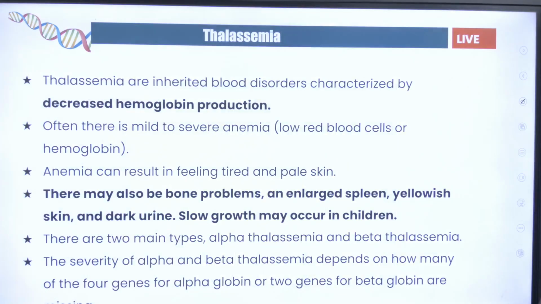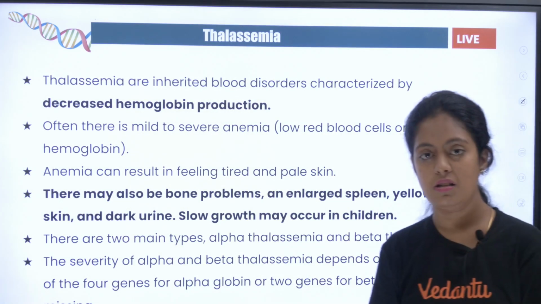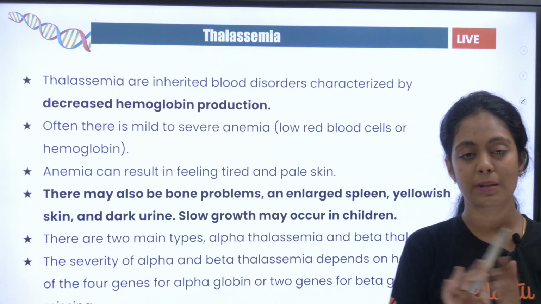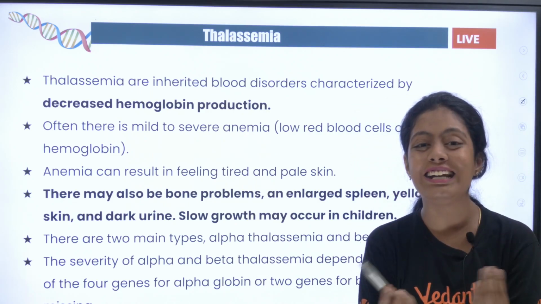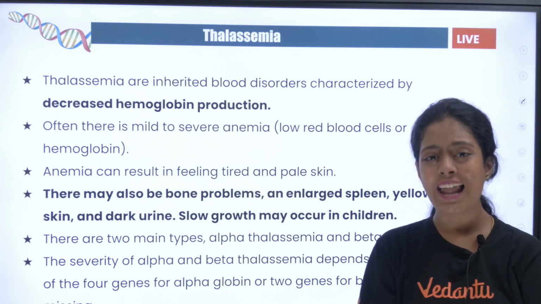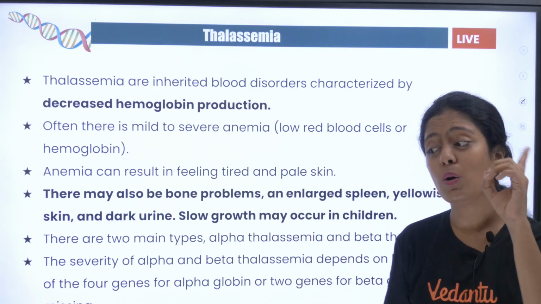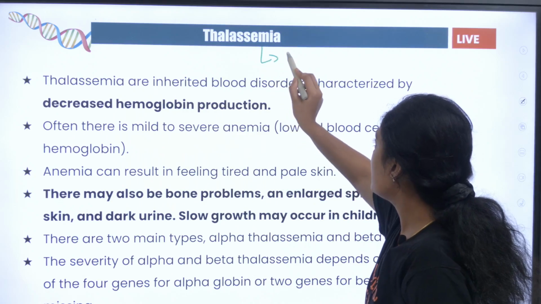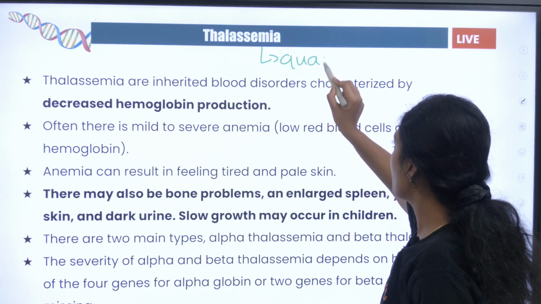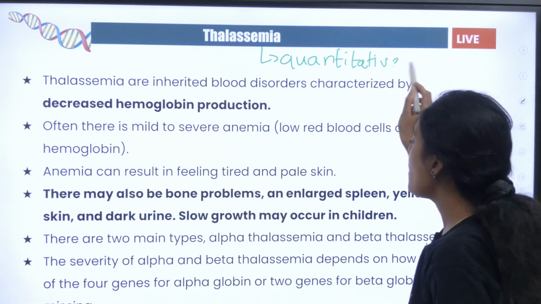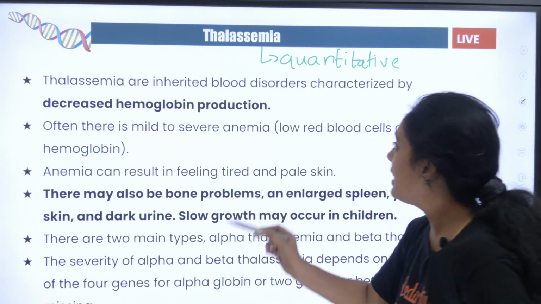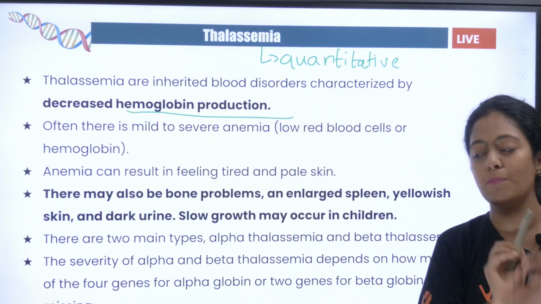Now let's look at the last disease in your Mendelian disorders, thalassemia. Your sickle cell anemia is a qualitative problem, the quality of my RBC is not good, correct? But thalassemia is a quantitative problem. Quantitative, what is that, ma'am? The amount of hemoglobin, there is decreased hemoglobin production.